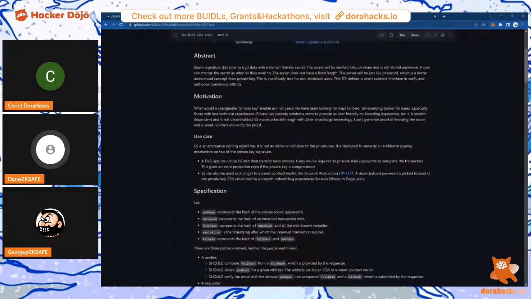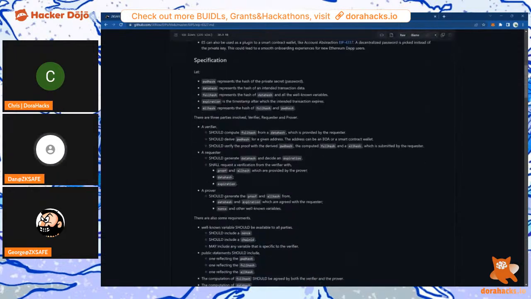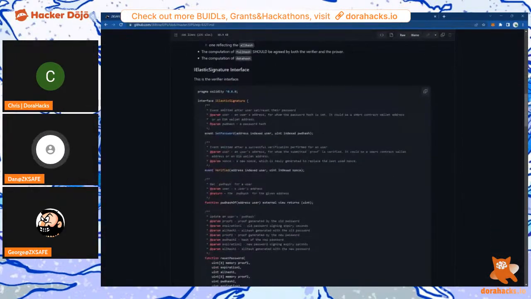Underneath, we use ZK technology. We have a secret that's known to the contract on chain, and also known to our proof generator. The user inputs the password, along with the transaction data, in the browser, and it generates a proof, which gets submitted to our contract.